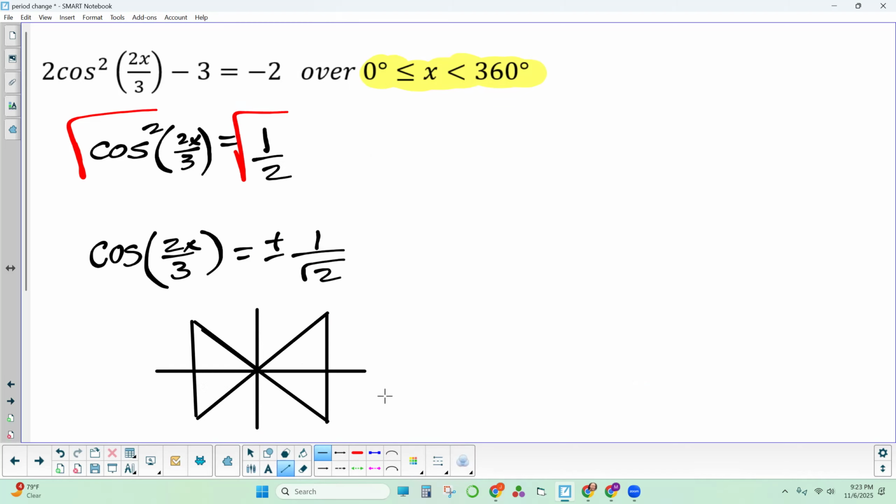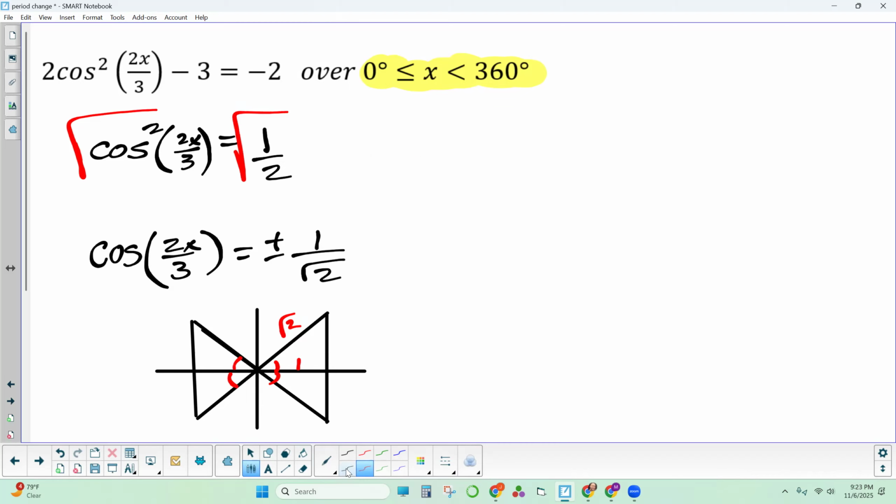Okay, on these videos, when we're looking for exact solutions like this using the unit circle, I don't want to assume anybody has memorized sine and cosine on the unit circle, so I like to draw the triangles out. So that's what we're doing here. So cosine is x over r, and I've got 45s all the way around.